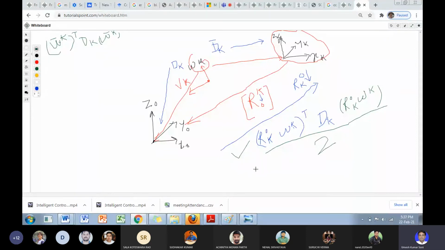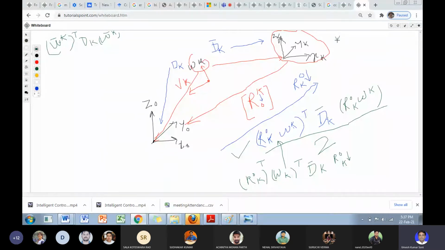The multiplication of the transpose of this is multiplication of R0k transpose, omega k transpose. Here it will be like this, okay. Then dk bar into R0k, which represents the transformation of the base frame to the kth frame.